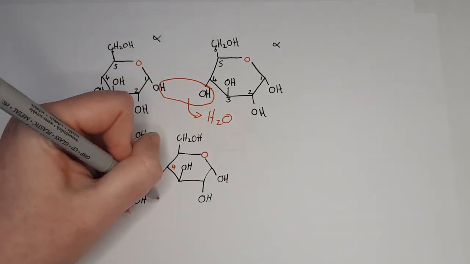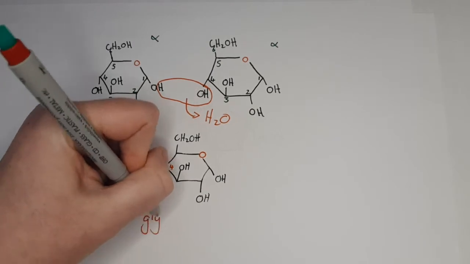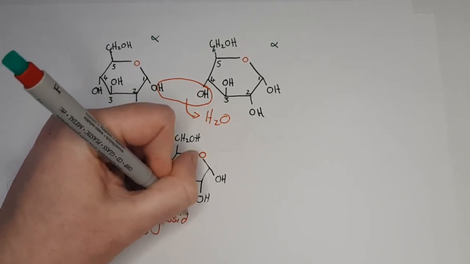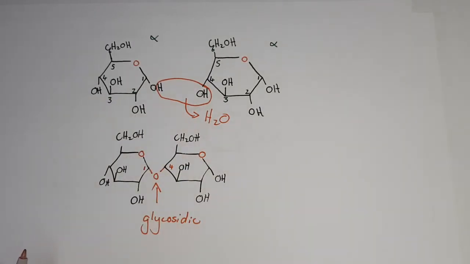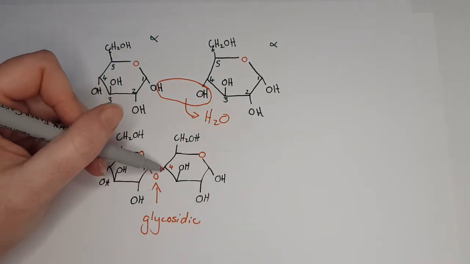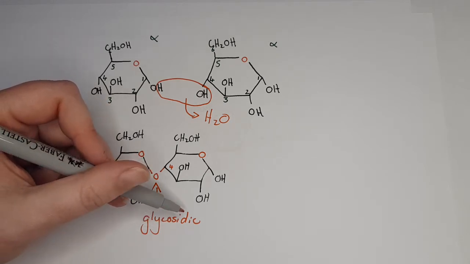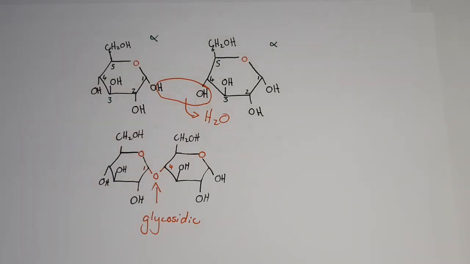So this bond that gets made is called a glycosidic bond. So in carbohydrates, you join the rings together with an oxygen bond like that, and it's called a glycosidic bond.